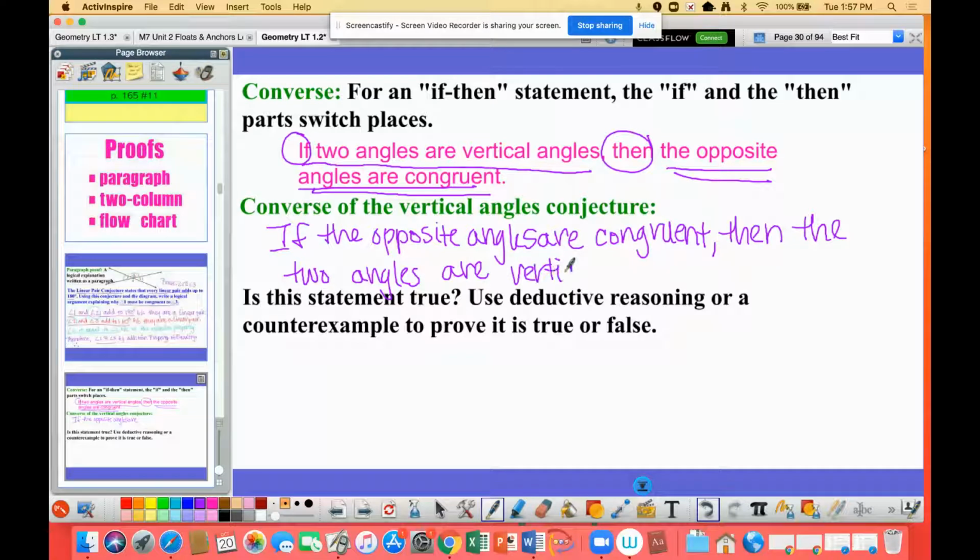Now, just because we can write a converse, it doesn't mean that it's always true. And so that's what we have to find out, if this statement is true. And if it's not true, then we have to find a counterexample. So when we're thinking about opposite angles, a counterexample for this could be a rectangle. We have opposite angles this way, and they are congruent, but they are not vertical angles. So then we would say that this is a false statement, and our counterexample would be a rectangle.